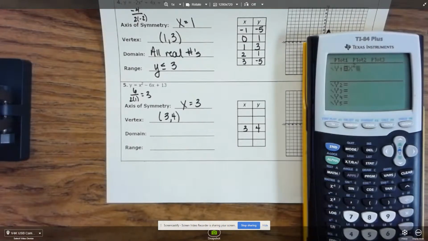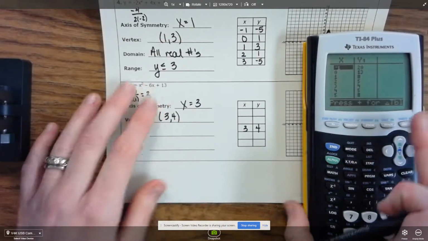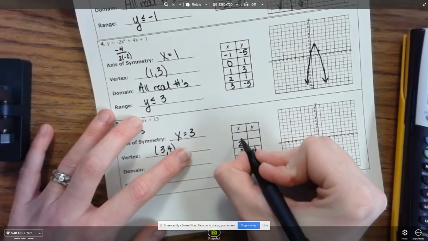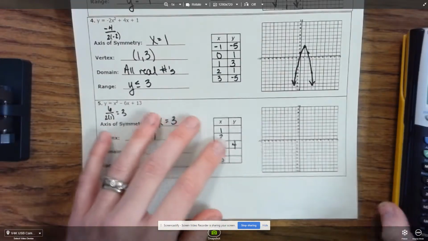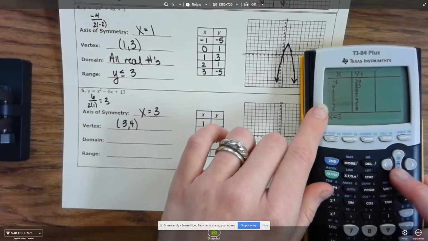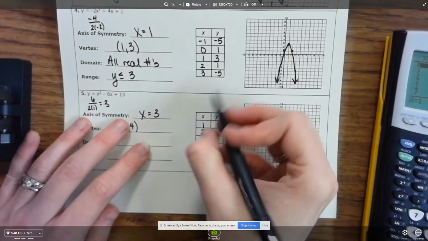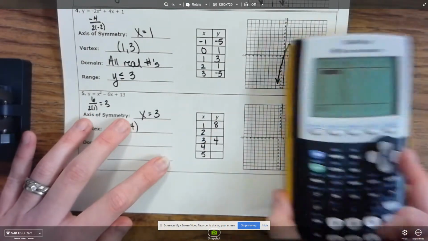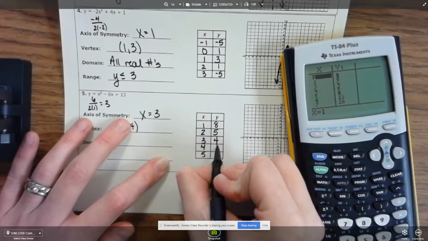So I have x squared minus 6x plus 13. And so this is going to be 2, 1, 4, and 5. So that's kind of where I need the values on my table to be. So 8, again, exactly like my table shows them.